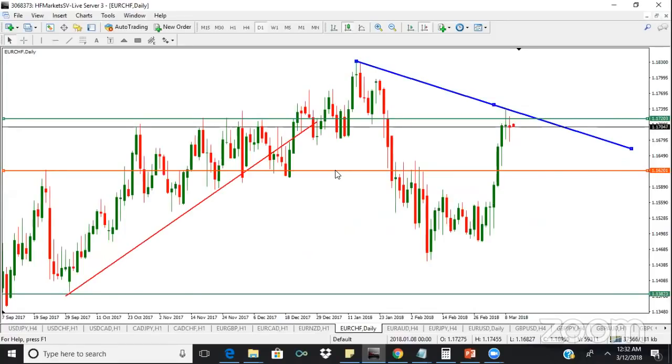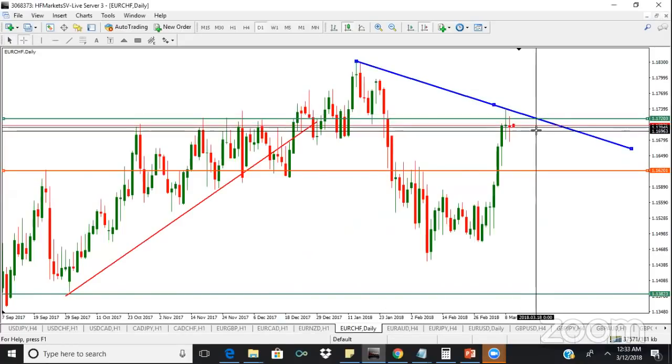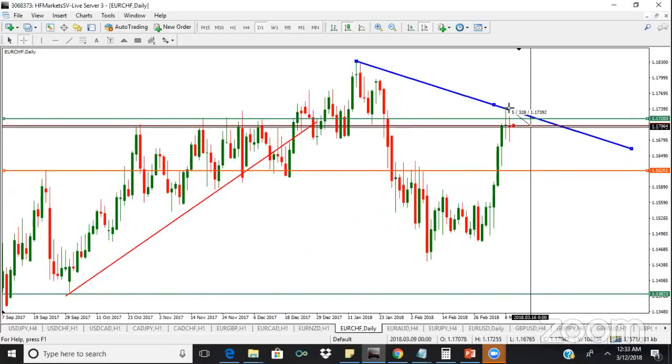Can we do this together? Instant sell execution. Are you ready, guys? This is instant sell execution, Euro CHF. So we are risking 50 pips to make 87 pips. First take profit.